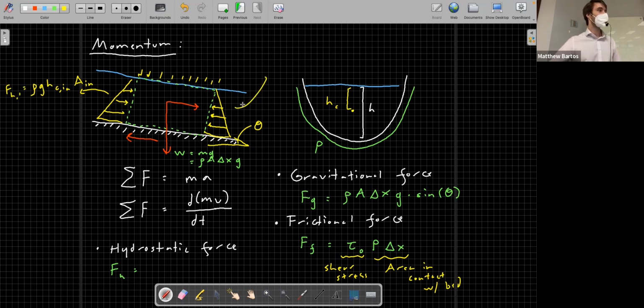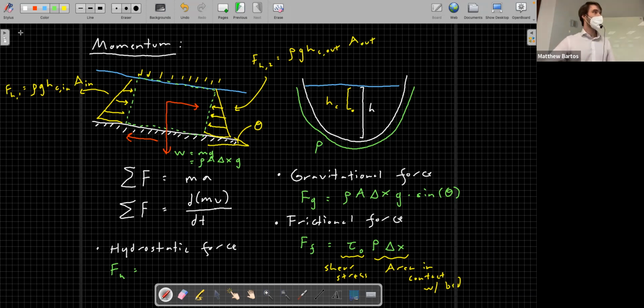The hydrostatic force at the downstream end is going to be equal to the density times the pressure. Sorry, this whole component here is the pressure at the downstream face times the area at the downstream face. Okay, so that means that the hydrostatic force is this expression minus this expression.